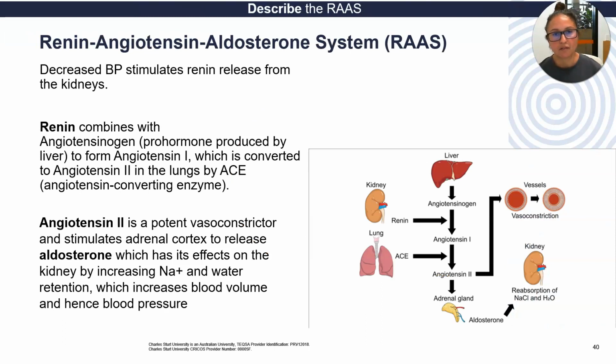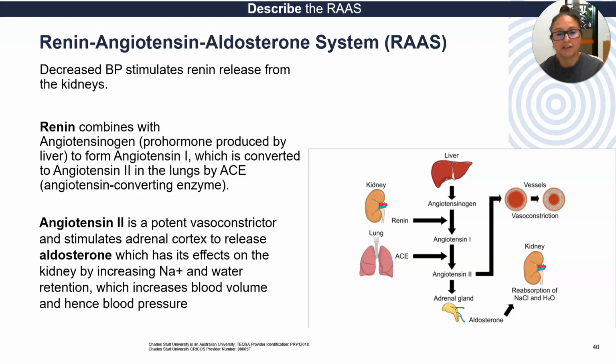Right, so I'm just going to go through with you step by step what happens in the RAS system. The RAS system, or RAS, stands for renin, angiotensin, aldosterone system.